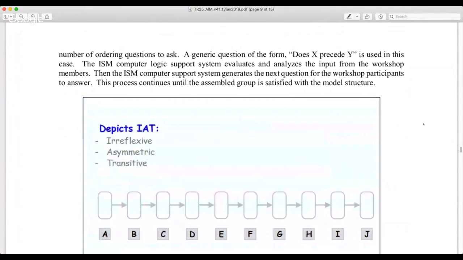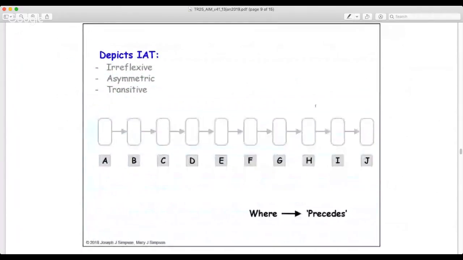And when you ask that question and you have this group of objects, you could randomly select and say, does A precede G? And the answer is yes. Does A precede J? Yes. Does A precede B? Yeah, the answer is yes, right? So there are multiple positive answers if you pick A.